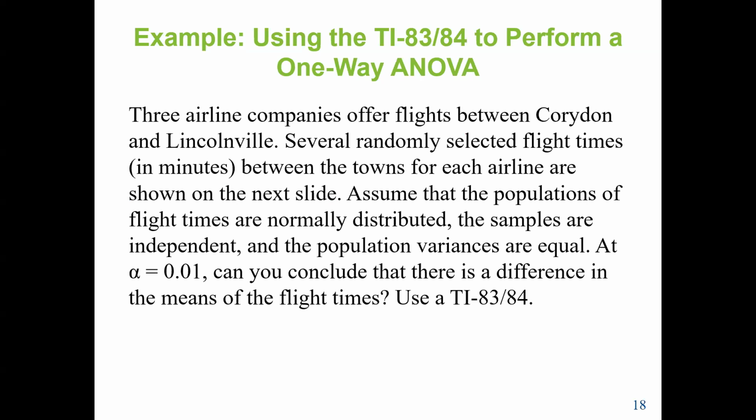Assuming that the populations of the flight times are normally distributed, the samples are independent, and the population variances are equal. At alpha equal to 0.01, can you conclude there's a difference in the means of the flight times?